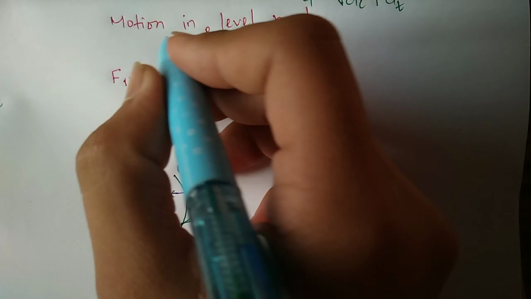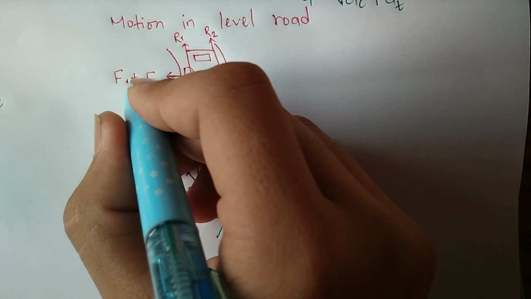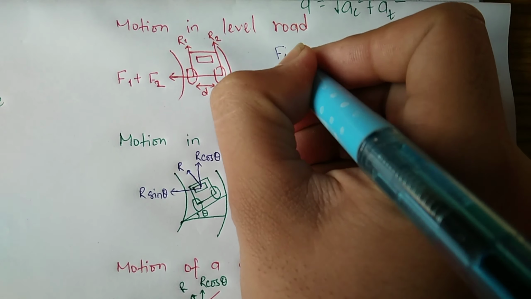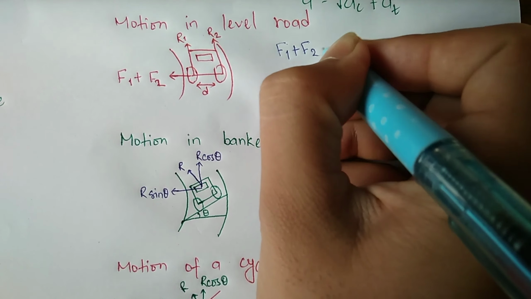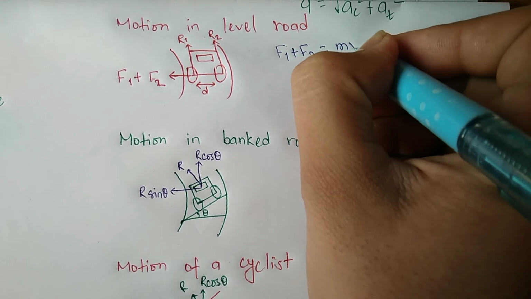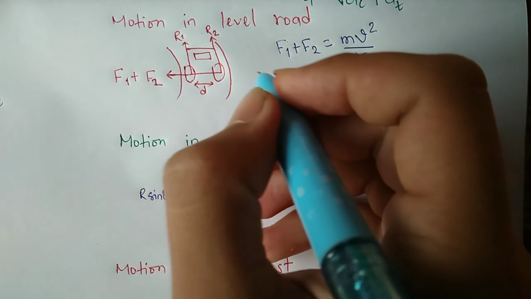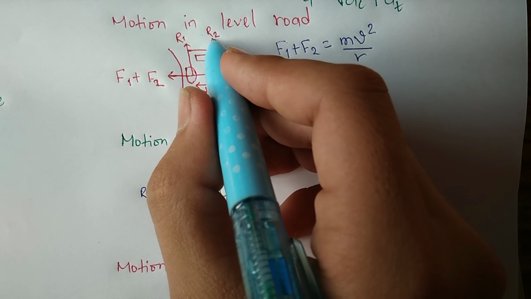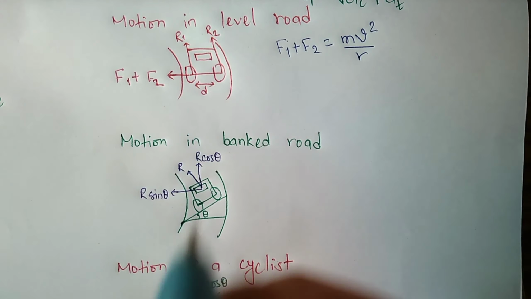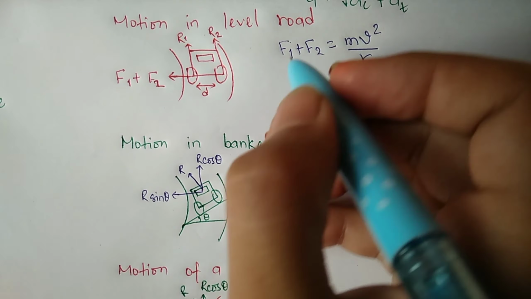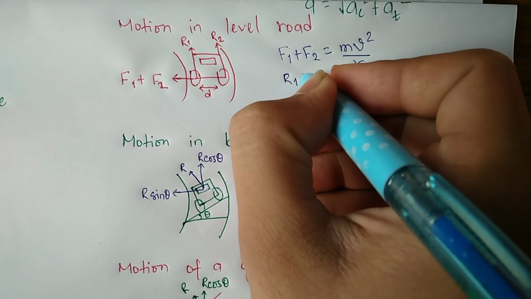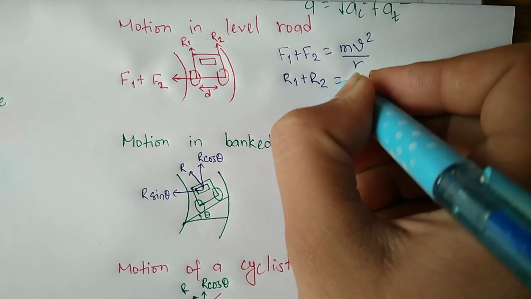Well, in case of motion on level road, the frictional force provides the required centripetal force. So F1 plus F2 is equal to mv square by r, and then the reaction balances the gravity.